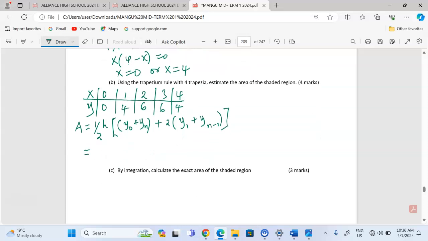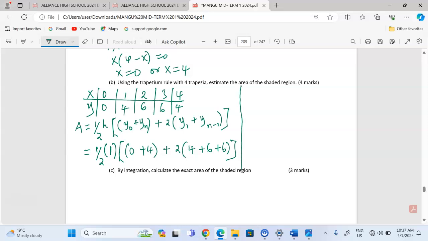Using our formula, we need half. The height is the interval between the trapezia, which is 1. The first y is 0, the last y is 4. Then we add 2 multiplied by the other y's, 4, 6, 6.